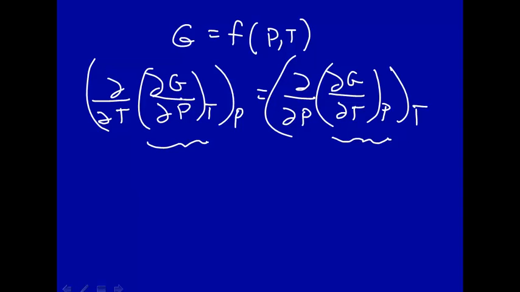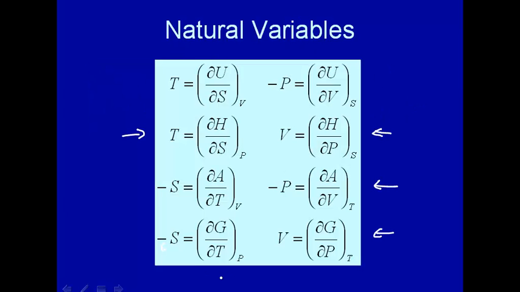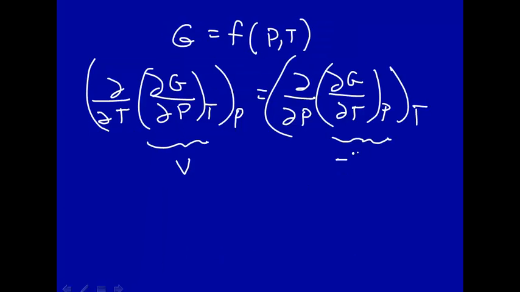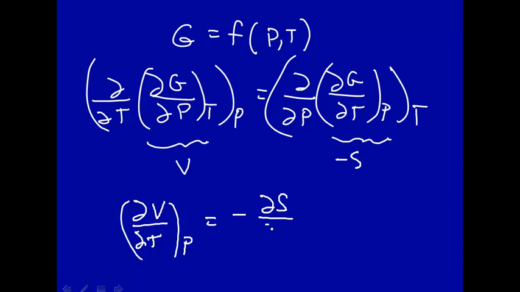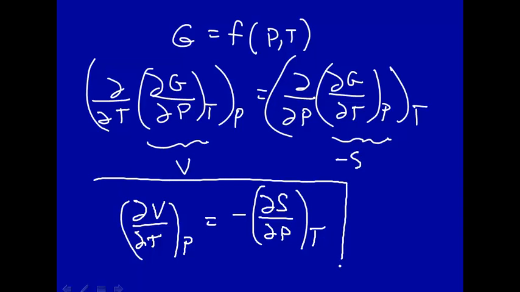All right, how G changes with pressure will be volume. And how G changes with temperature at constant pressure, minus S. So we get the Maxwell relation. How V changes with temperature at constant pressure is minus how S changes with pressure at constant temperature. Look at that, a fourth Maxwell relation.